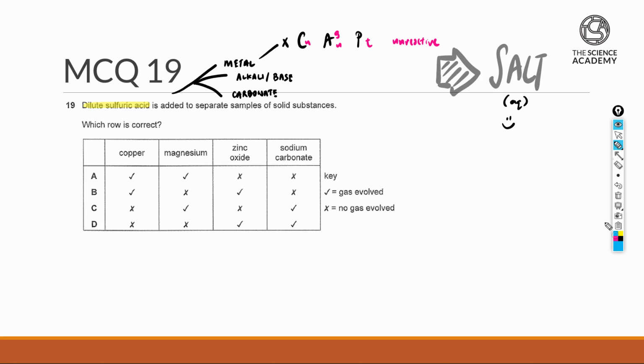But if the state symbol over here actually appears to be insoluble, now things are going to be a little bit of an issue, because if my original reactant was actually a solid, so I'm looking at things like carbonate, it could be a solid carbonate, it could be a solid metal. So if at the start it was a solid, the insoluble salt will actually coat over the solid reactants at the start.